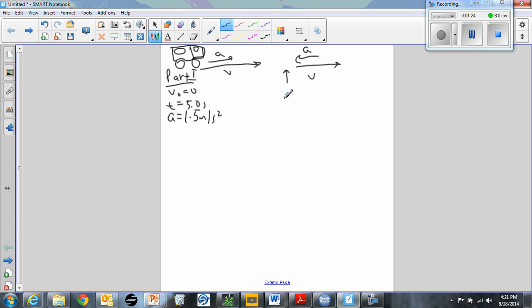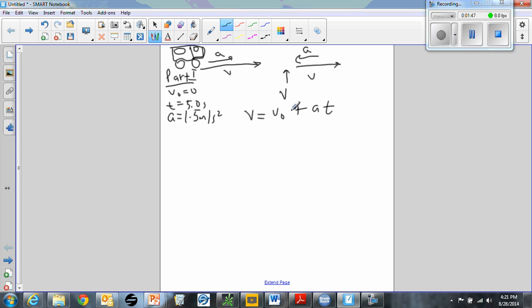So what we need to do is figure out for part 1 what the final velocity is right here, knowing the initial velocity was 0. And to do that, we can use the first equation, I think, v equals v naught plus at.